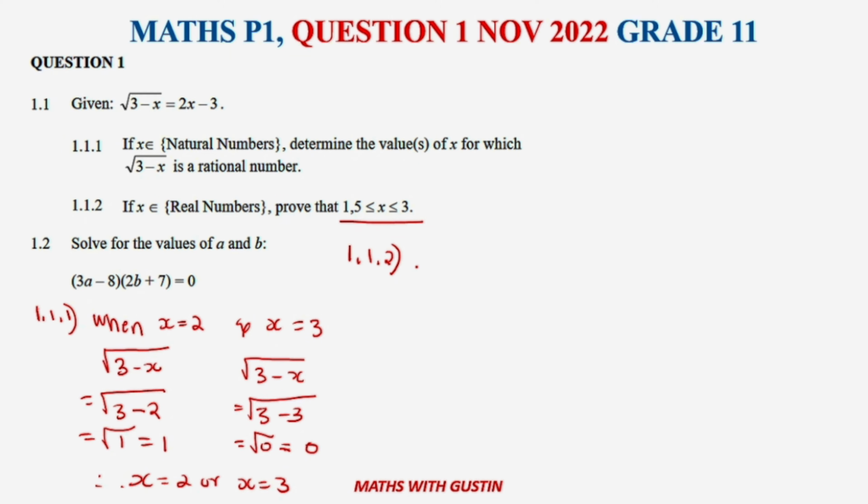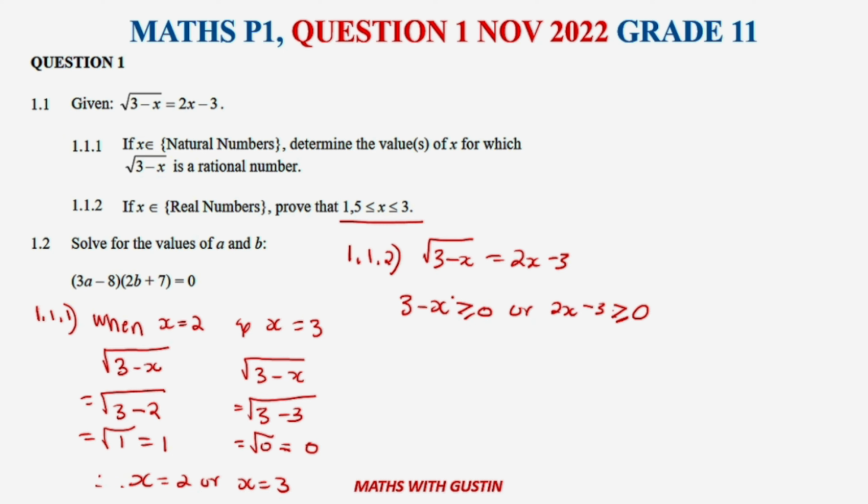What we will do in this case is take our equation as it is, and then set up inequality signs, because this is just simple algebra. So 3 minus x is greater than or equal to 0, and 2x minus 3 is greater than or equal to 0.